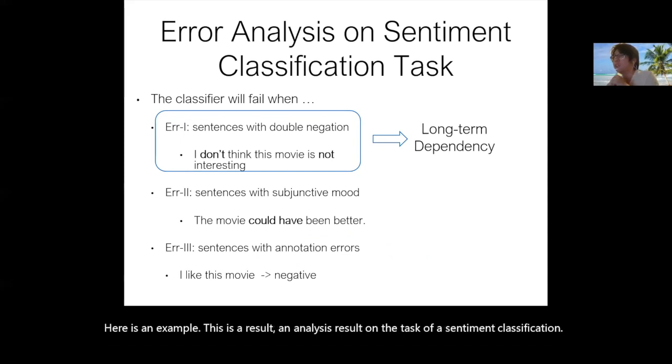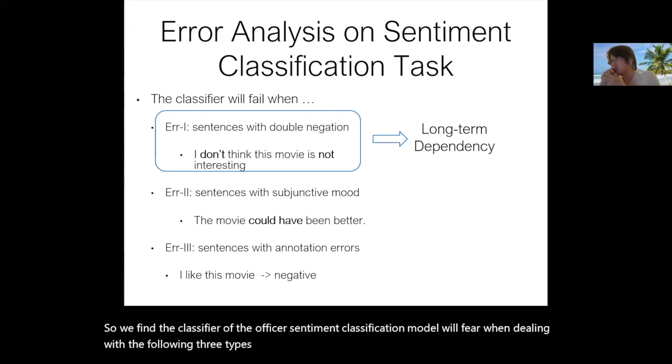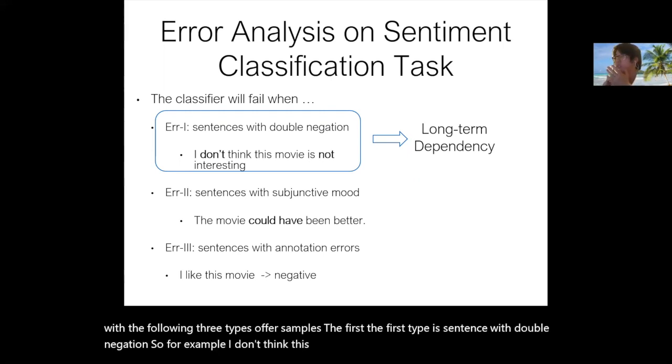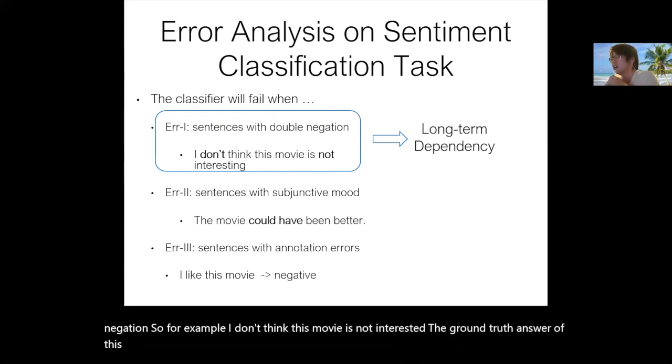We find the sentiment classification model will fail when dealing with the following 3 types of samples. The first type is sentences with double negation. For example, "I don't think this movie is not interesting." The ground truth answer of this sentence is positive. However, our model mispredicted it as negative.